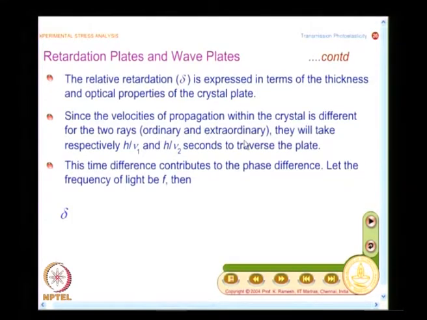So, what I have here is, I know that the ordinary and extraordinary rays travel with different velocities, and because they have to traverse the same thickness, they will take different time intervals. Now, the question is, can I write an expression for delta in terms of the parameters that I know? You can go in stages.